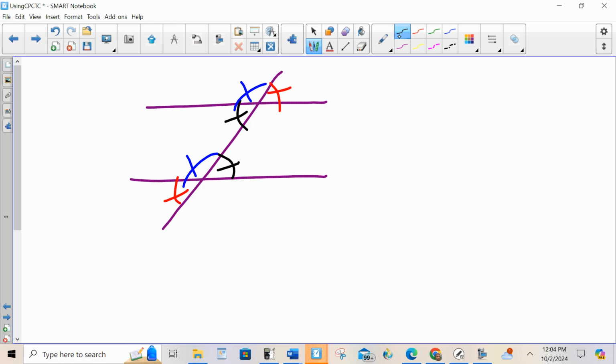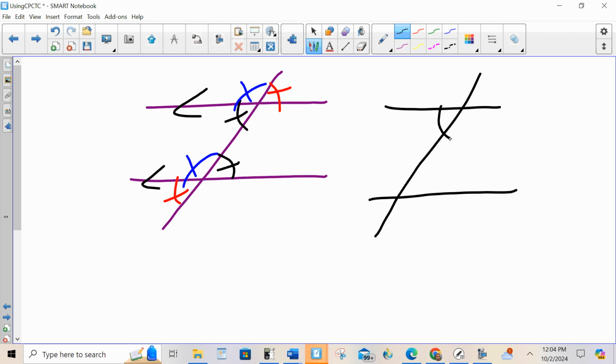If the lines are parallel, then those 3 things must be true. It works the opposite way as well. If I know that alternate interior angles are congruent, then the lines must be parallel. If I know that corresponding angles are congruent, then the lines must be parallel. If I know that alternate exterior angles are congruent, then the lines must be parallel.